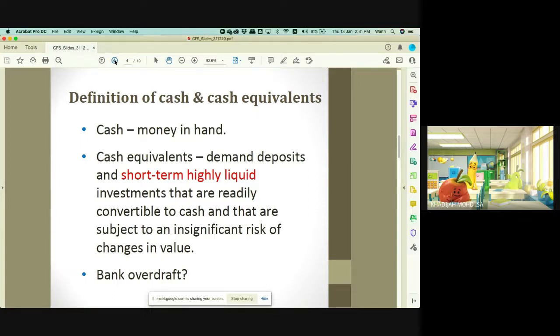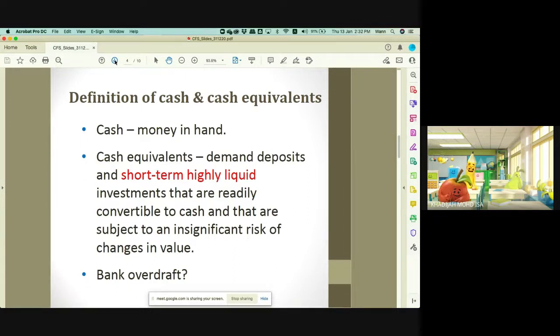Sometimes we have cash equivalents in the form of shares in the market, where you can easily sell. Whenever you need cash, you can just sell your shares in the market and immediately get your cash. Because of that, even though it's a form of shares, that is what we call cash equivalents. What about bank overdraft?